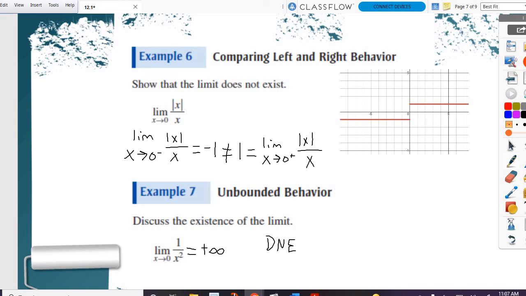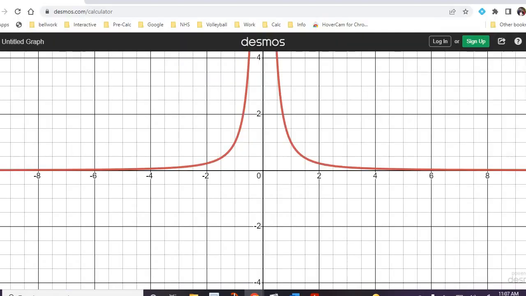Let me see if I can pull up a chart of this. Alright, so here's one.